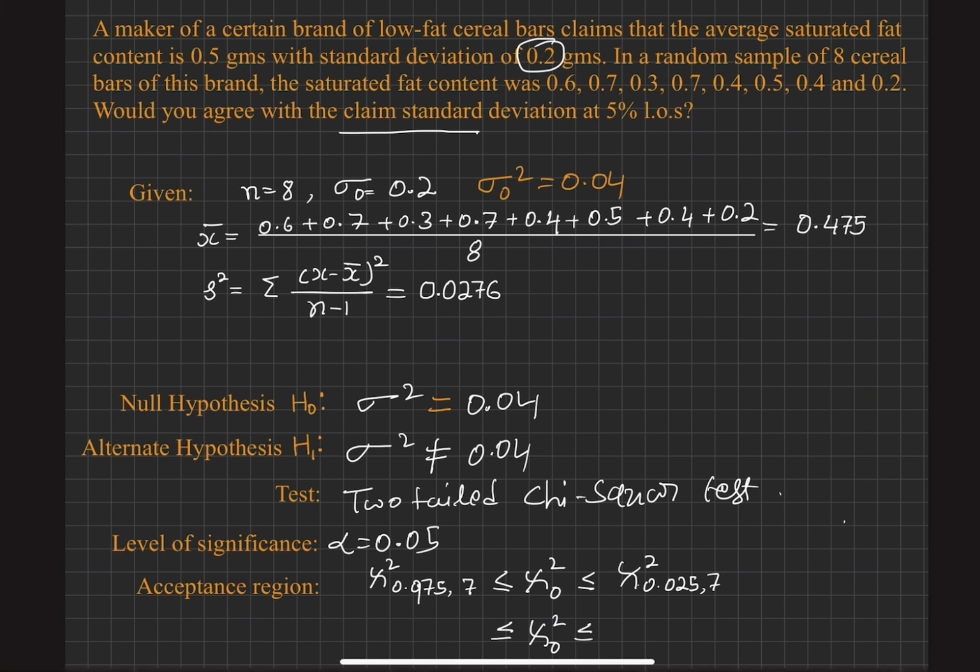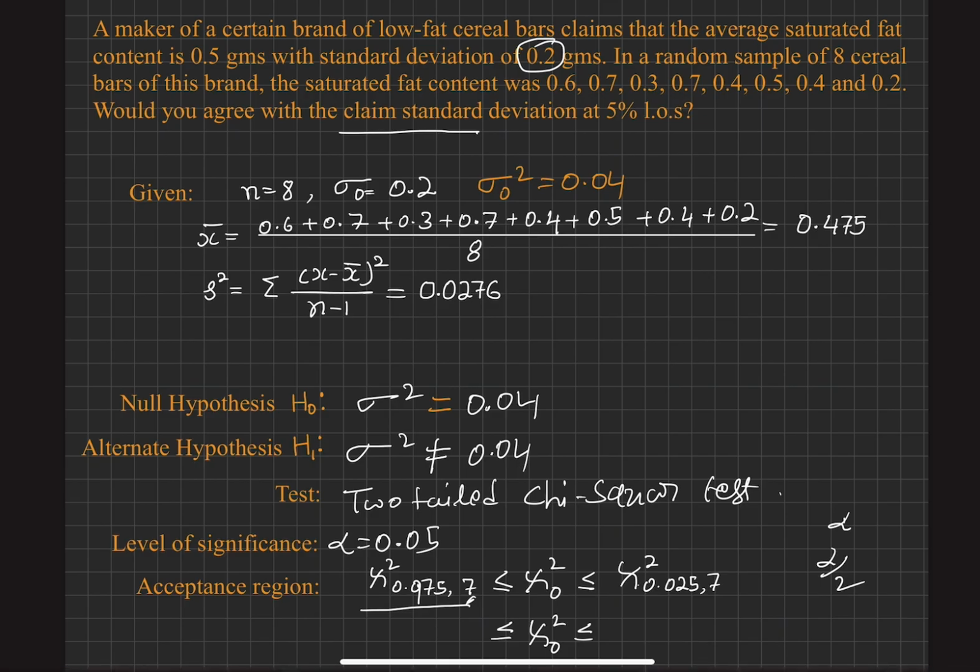As it's a two-tailed test, the entire area alpha will be divided into two parts. Each part will contain an area of alpha by 2. So the left side critical point will be chi-square 0.975 with 7 degrees of freedom, that is n minus 1, and n is here 8.